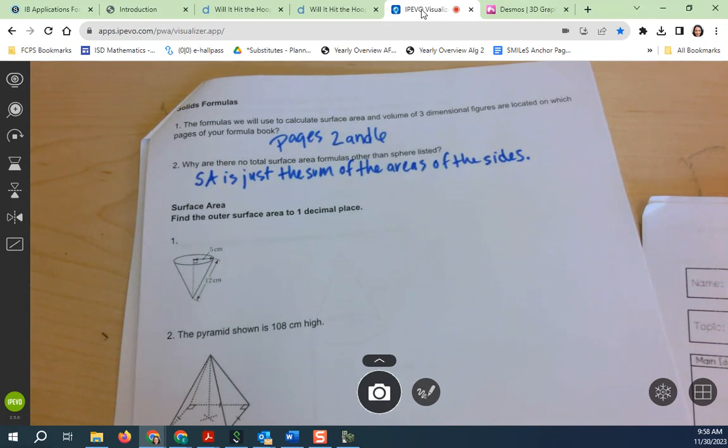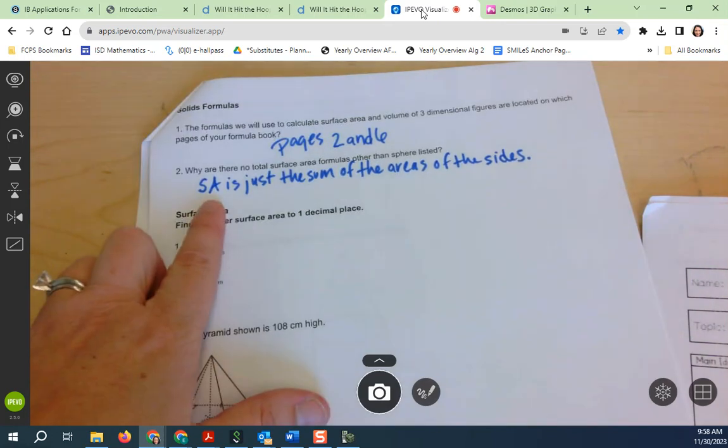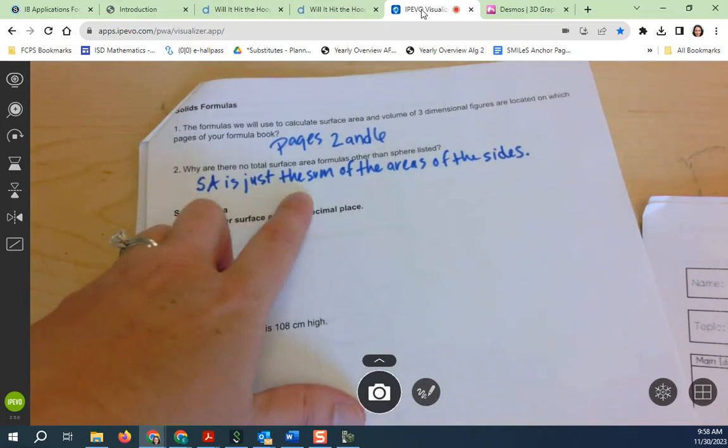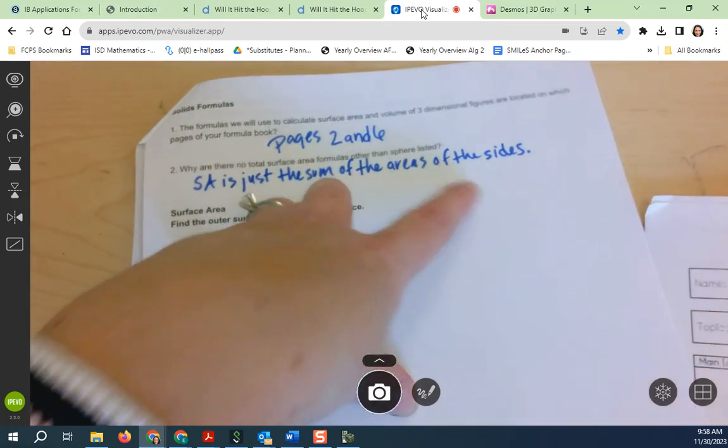So we have a few things to work out here, and some of you like to figure things out for yourself, and that's super. I'm totally into that. I'll get you started though on the first couple, and then I'll give you a little bit of time. Sorry about my writing. It says surface area is just the sum of the areas of the sides.